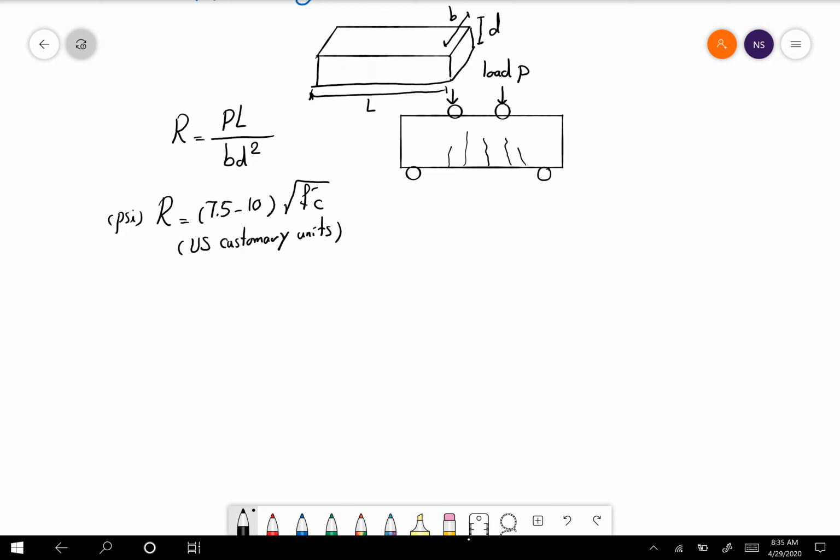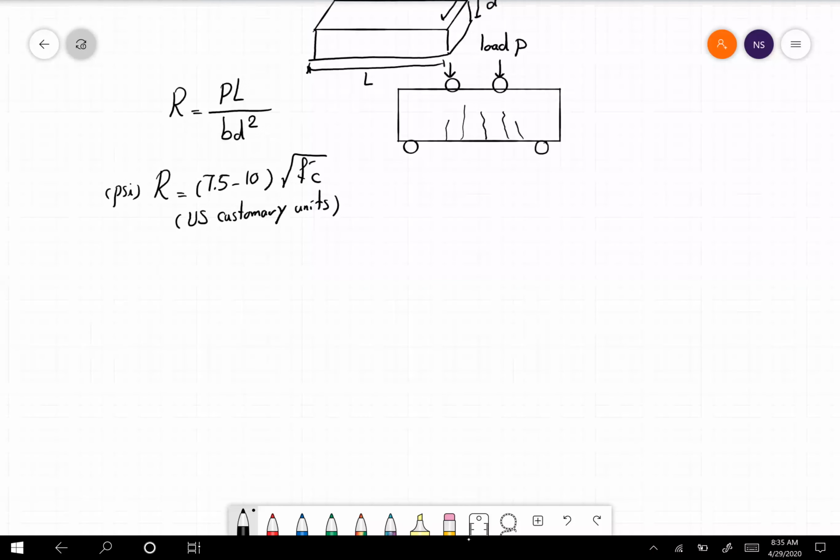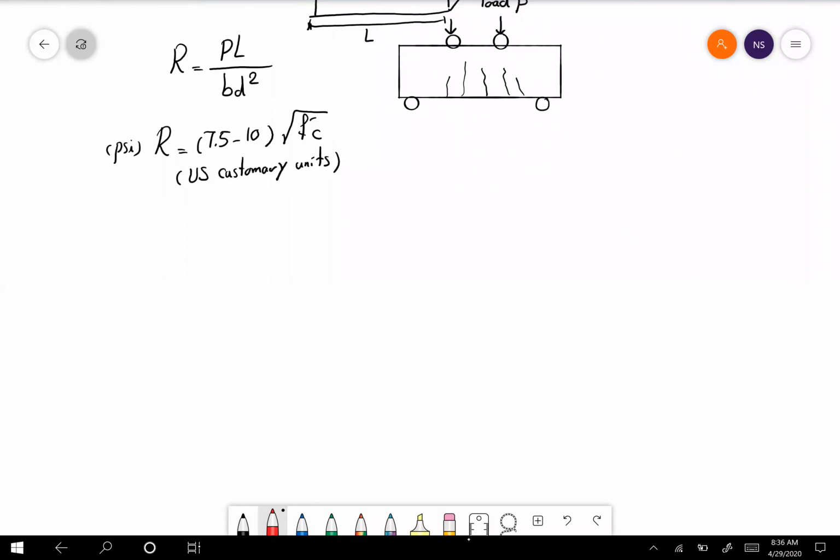And then there are some other types of testing that are more unique and more specialized. Let me just mention these here, and then we can jump to the mix design.